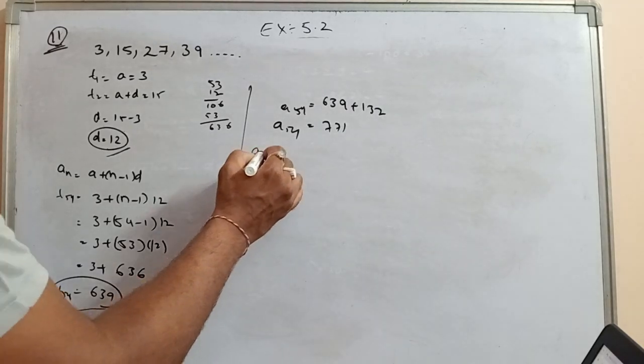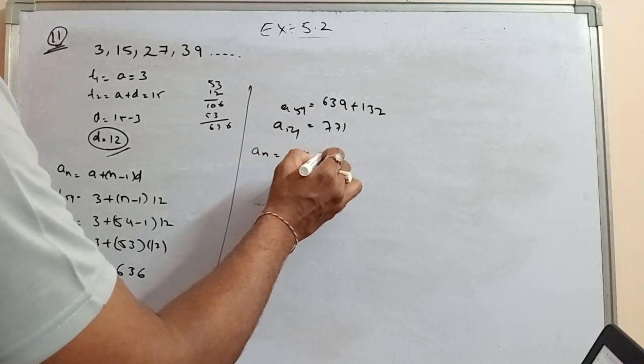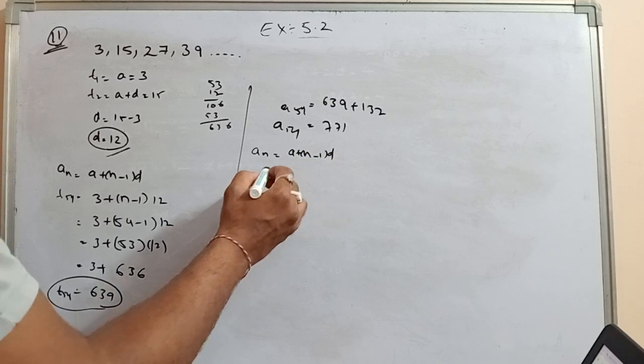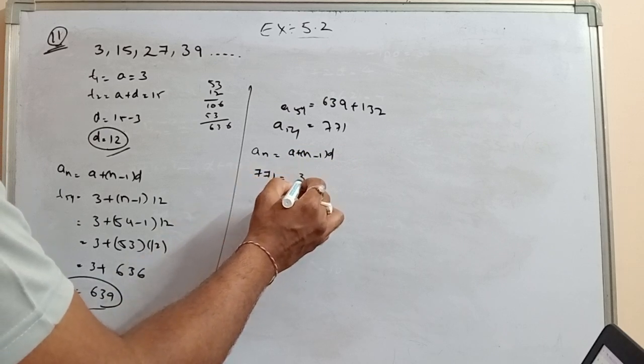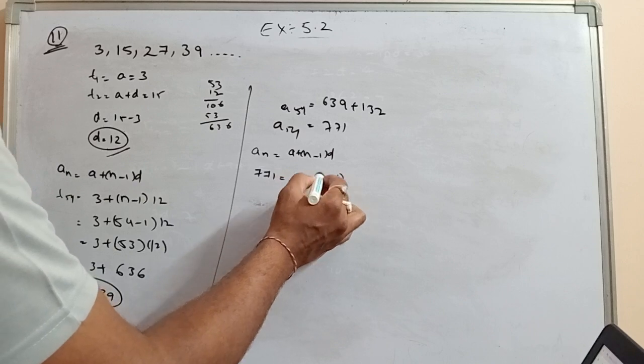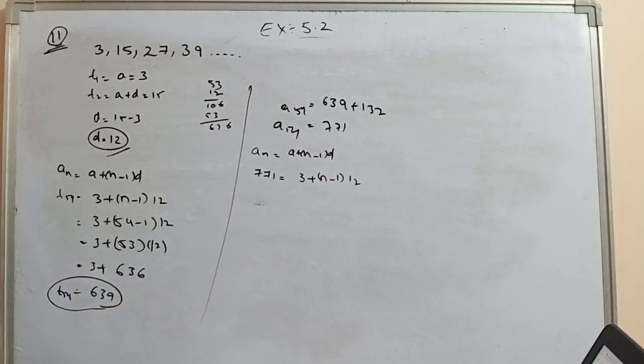The nth term will be an is equals to a plus n minus 1 into d. So 771 is equals to a is 3 plus n minus 1 into d, which is 12.